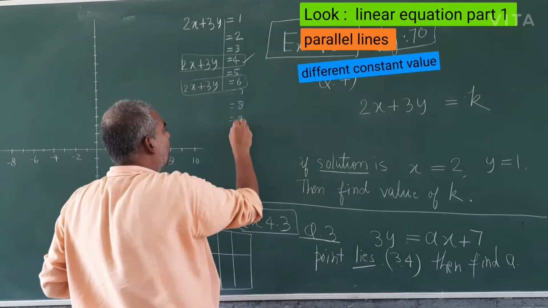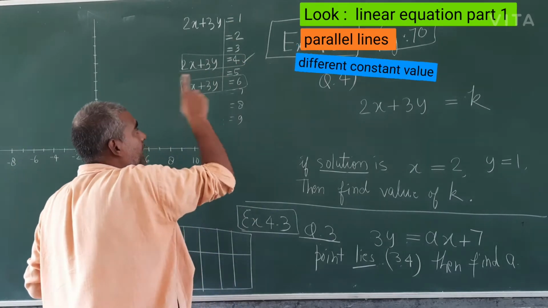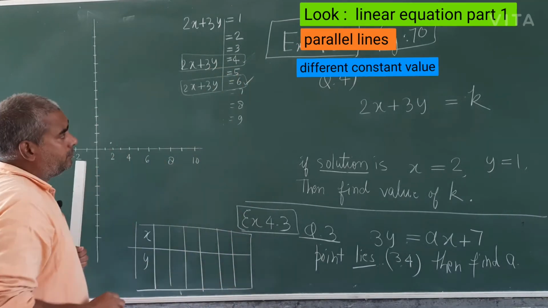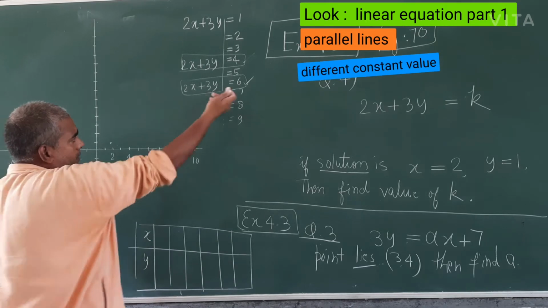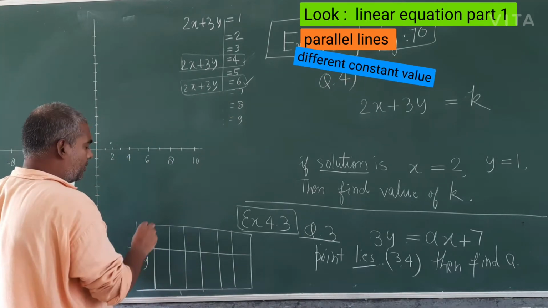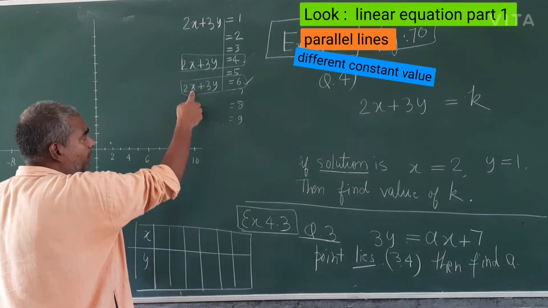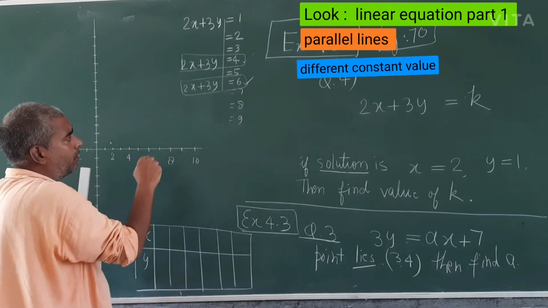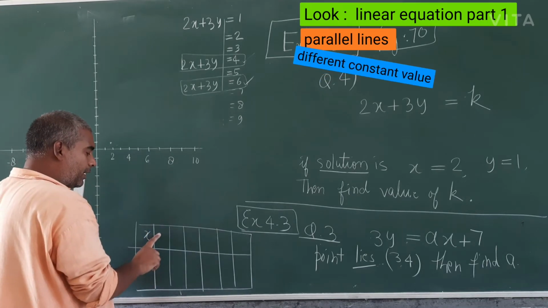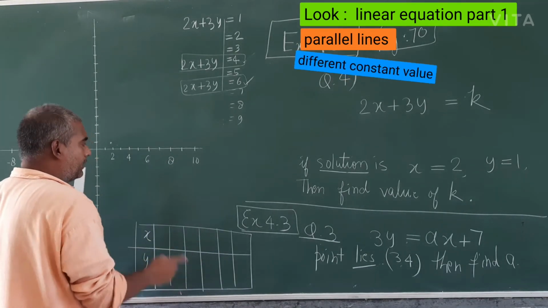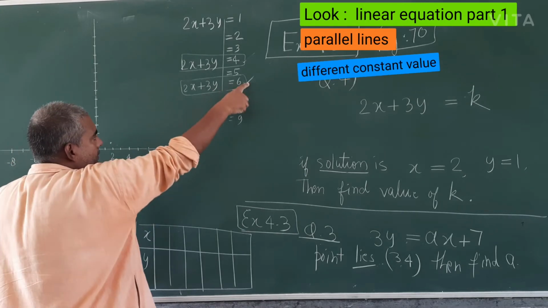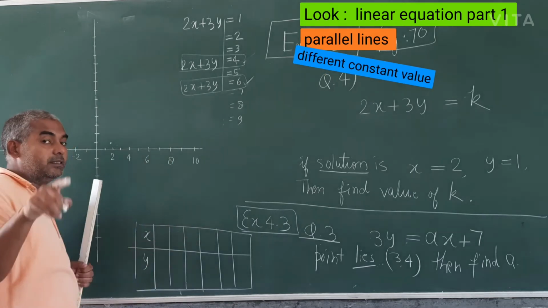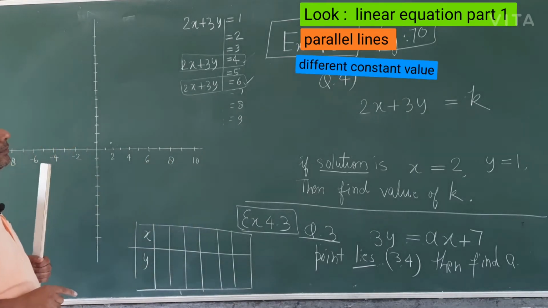Suppose I don't know the value of k, so for example I take any value, so I take 6. So for 6, you will put x equal to 1, 2, 3, 4 and find y, and then draw all the points. You will get this line. Similarly, you will get all the points for the other lines, and they will be parallel. This is shown in my first video.